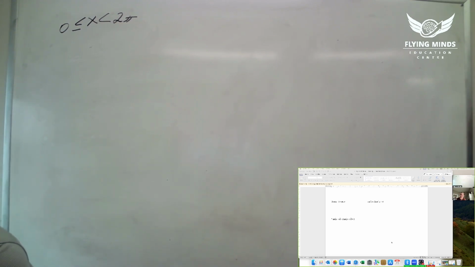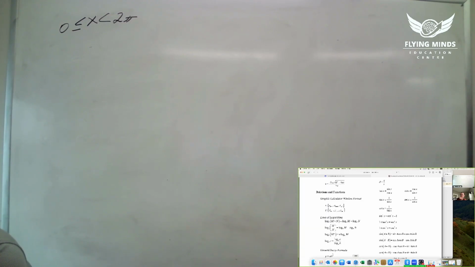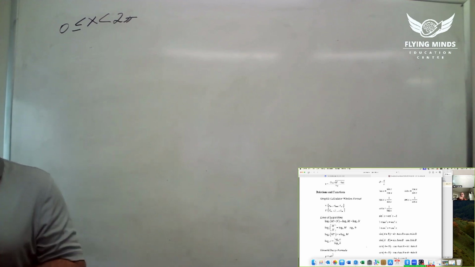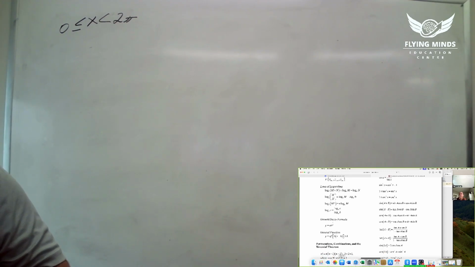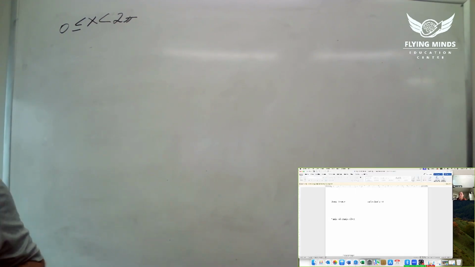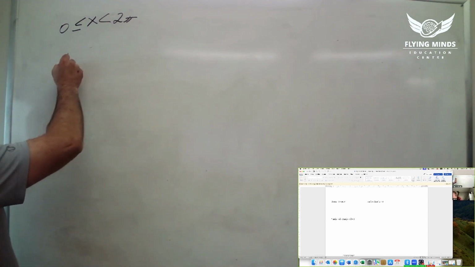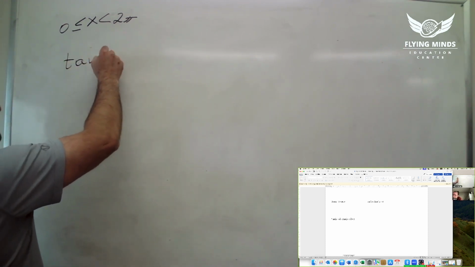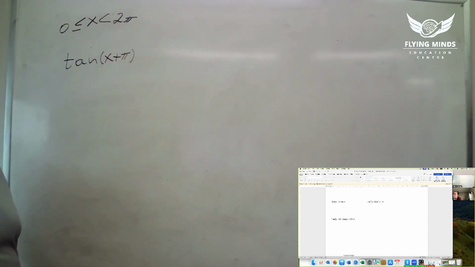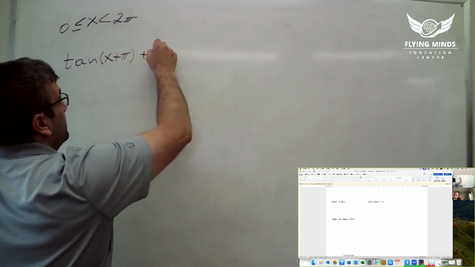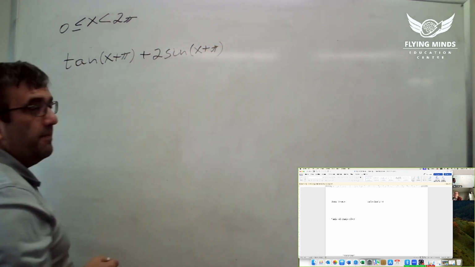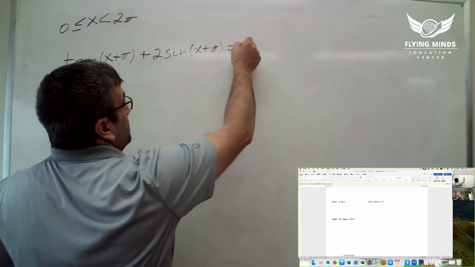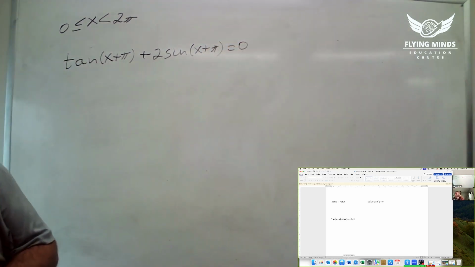Let's take a look at the formulas. First let's see what we have. We have tangent plus 2 sine of x plus pi equals 0. Right? Yeah.